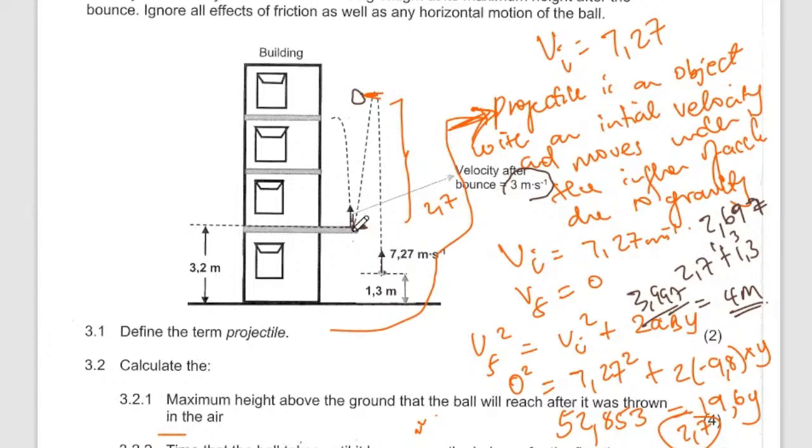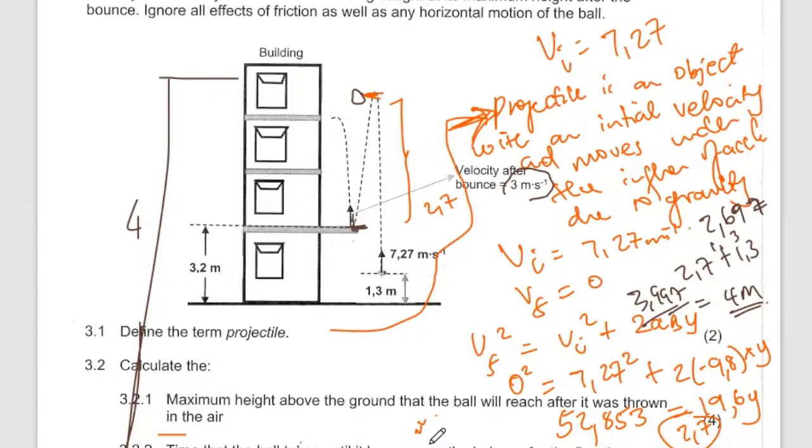But I can get the distance. Since I know from this maximum height down to the bottom is 4 meters, I can subtract this 3.2, so the distance I have will be my displacement.